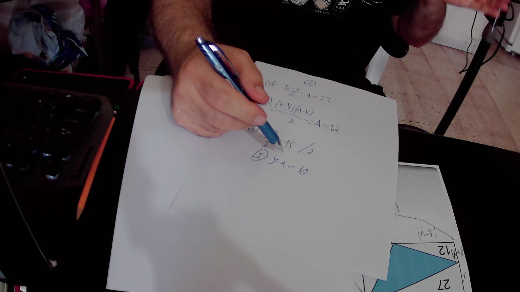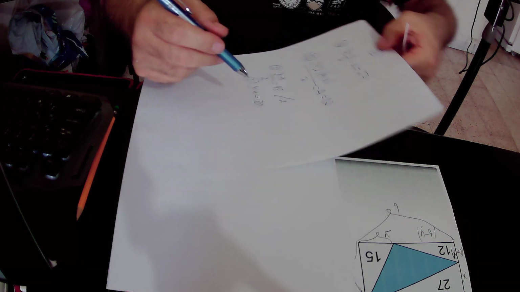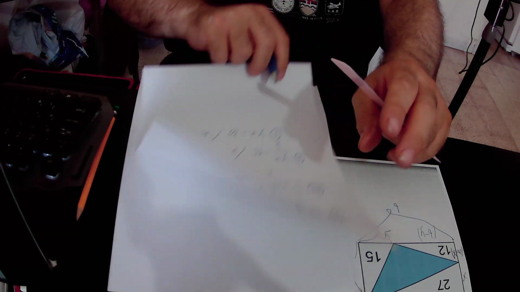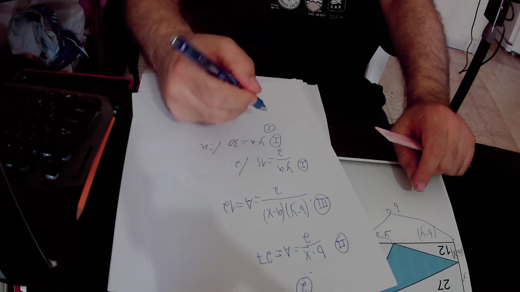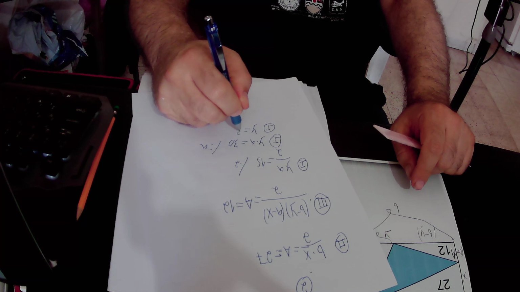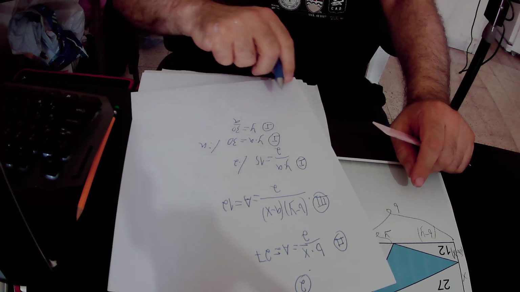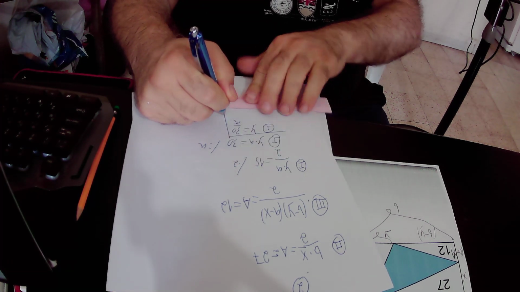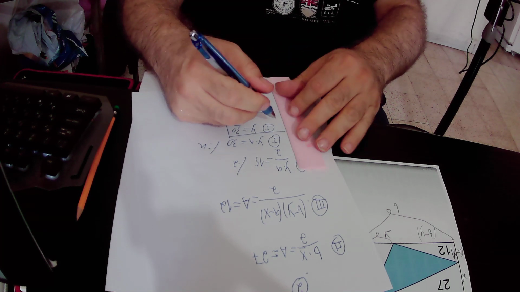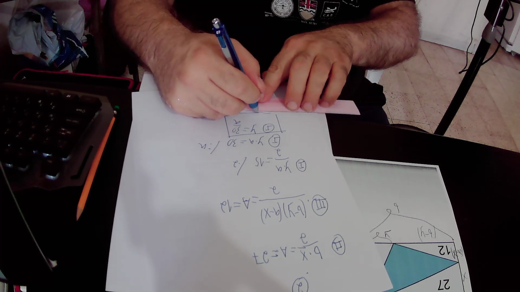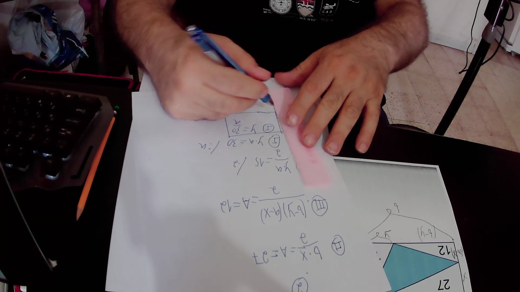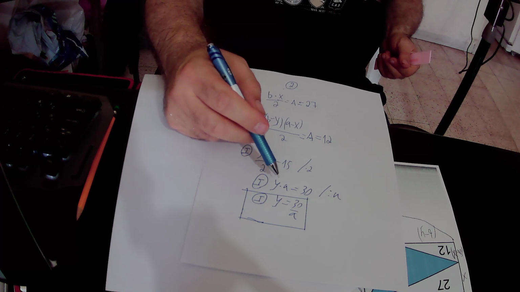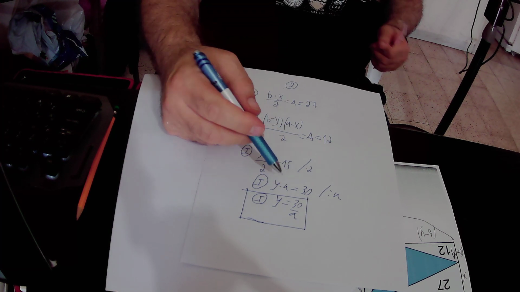It can never be 0, so we can divide both sides of the equation by a, and we will get that y equals 30 over a. We divided both sides of the equation by a. We got that y equals 30 over a.